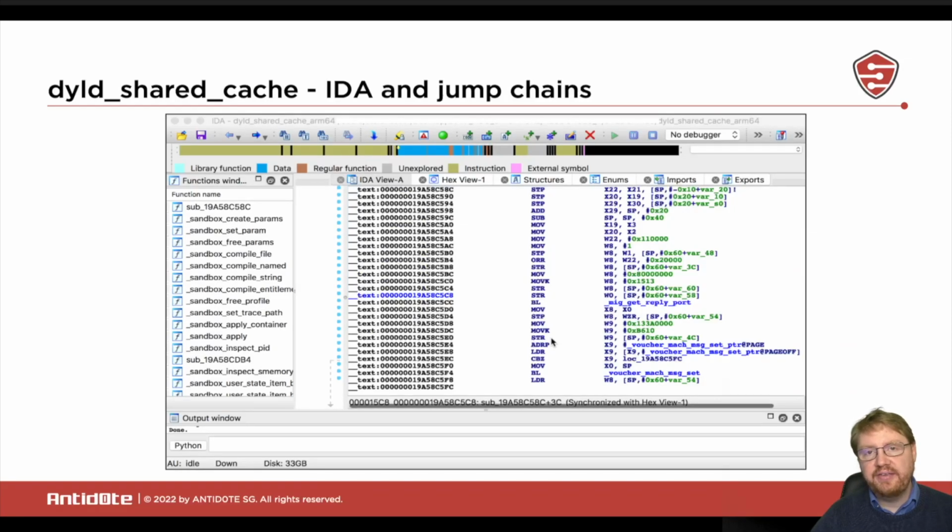Luckily, nowadays Hex-Rays has a feature where, when you have an unresolved function call here, you can right-click on the specific target, and in the drop-down box it allows you to load the specific module that defines this address.